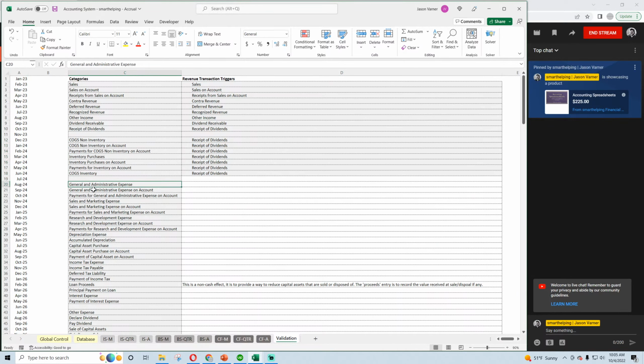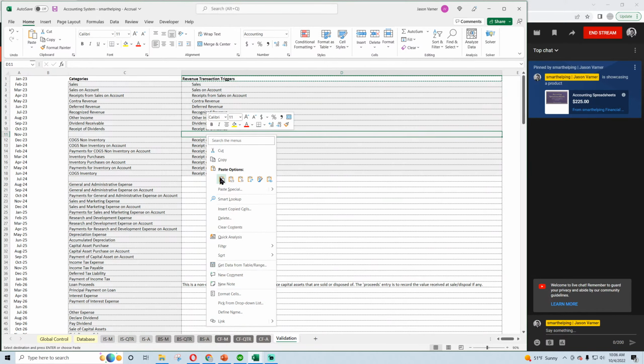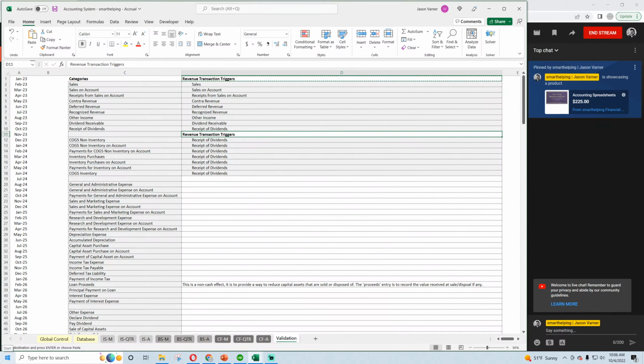What else? So G&A, all these are OpEx items. So here's, let's see, this is revenue. This is cost of goods sold, inventory. Then we're going to have OpEx. And note for cash basis, the nice thing here is on the OpEx, you can hit the expense entry.